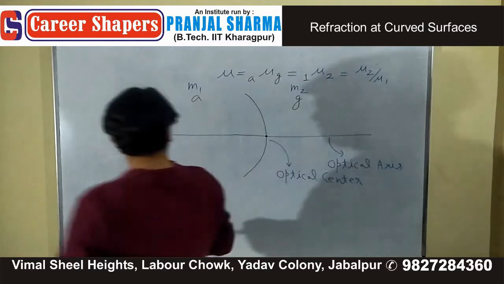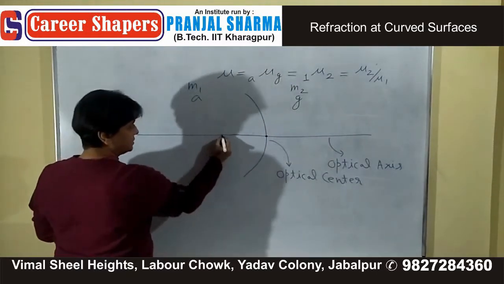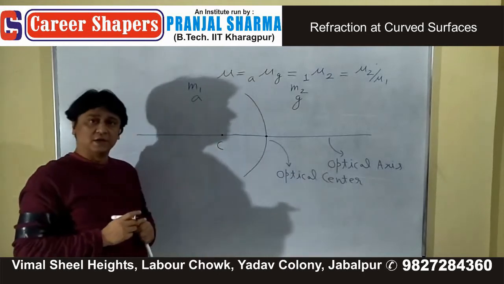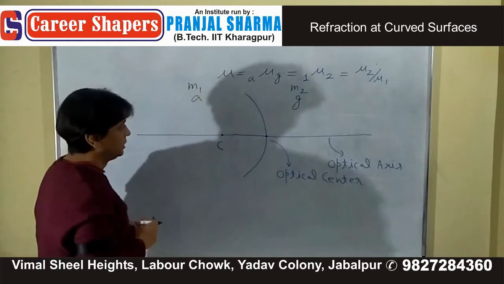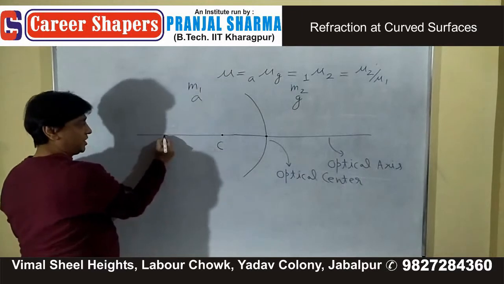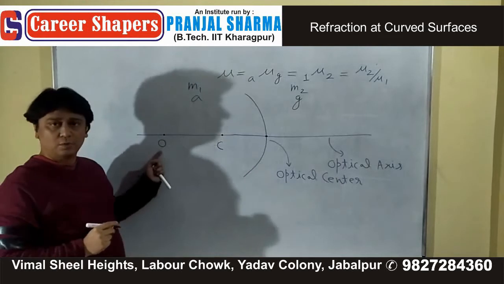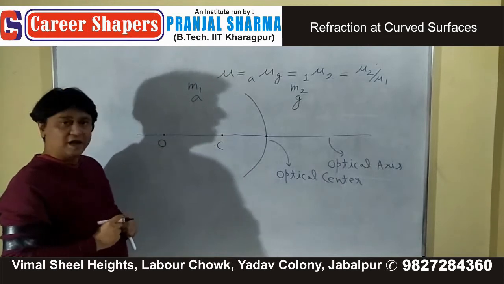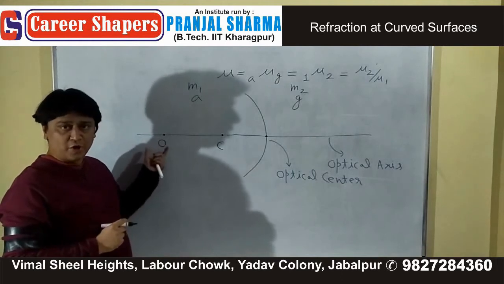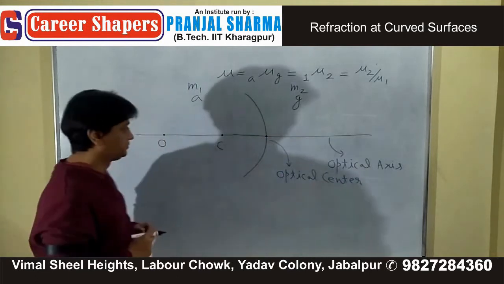Now, for this curved surface, this is the center of curvature. If a point object is present somewhere here, this O is the object. Our aim is to find where the image of this point object forms on this optical axis.